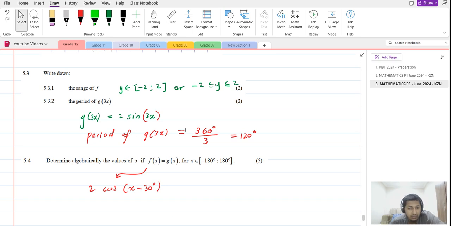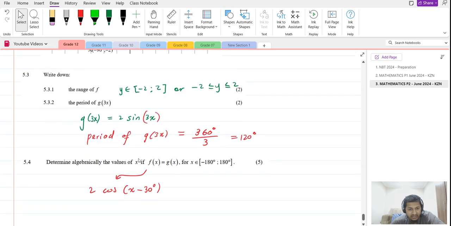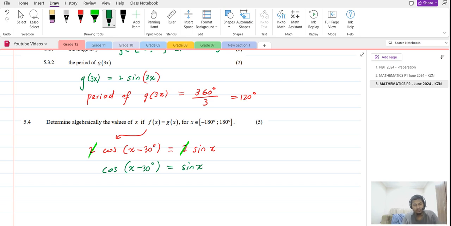So 2 cos(x - 30) equals g of x, which is 2 sine x. Now to solve this, we can cancel out the 2 on both sides by dividing by 2. So we are left with cos(x - 30 degrees) equal to sine x. Now in order to solve this problem, we need to use co-ratios.